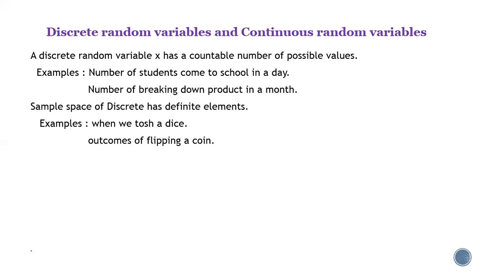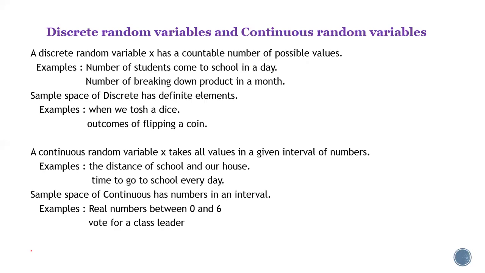And how about the sample space? Sample space of discrete random variables has definite elements. For example, when we toss a dice, or when we flip a coin and the outcomes, those are examples of sample space of discrete random variables.